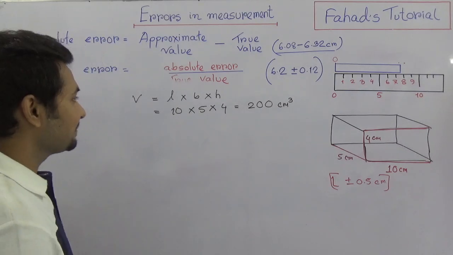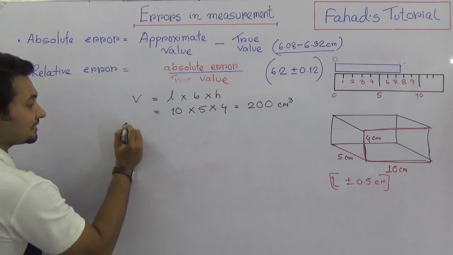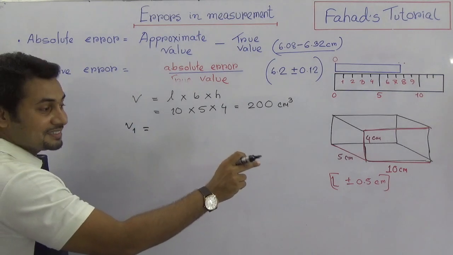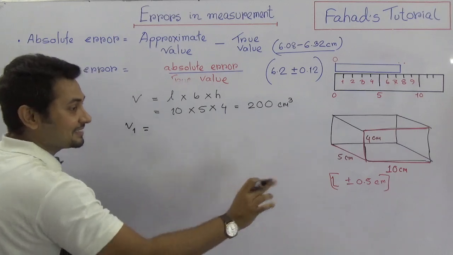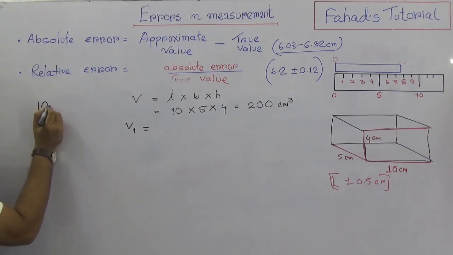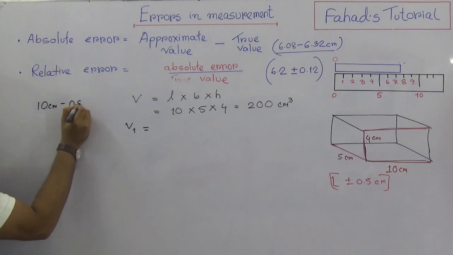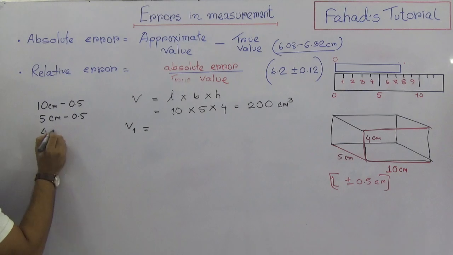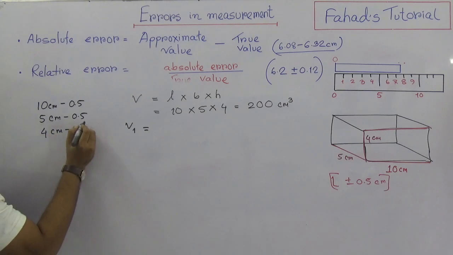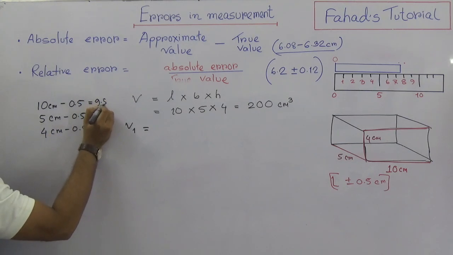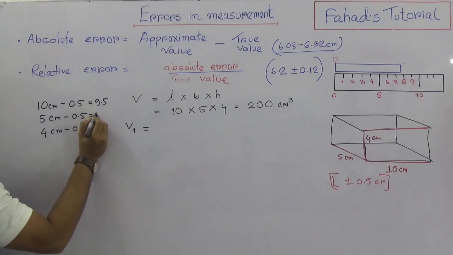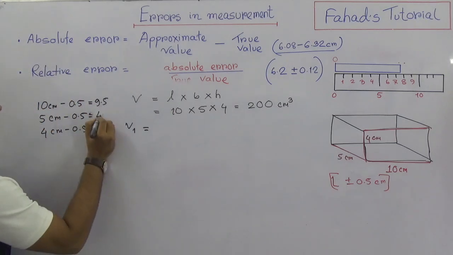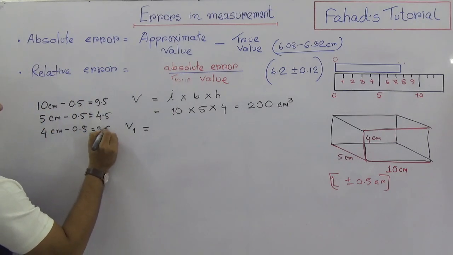200 centimeter cube. And now if we find the second volume considering the errors. So now you see that 10 centimeter, if you subtract 0.5, 5 centimeter, 0.5, 4 centimeter, 0.5, you will get 9.5, 4.5 and 3.5.